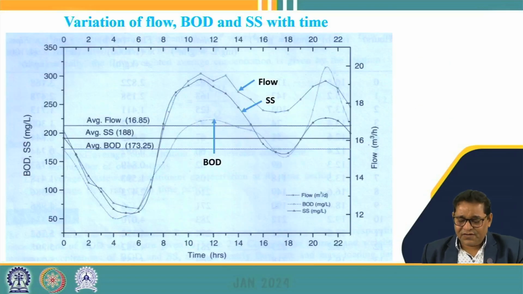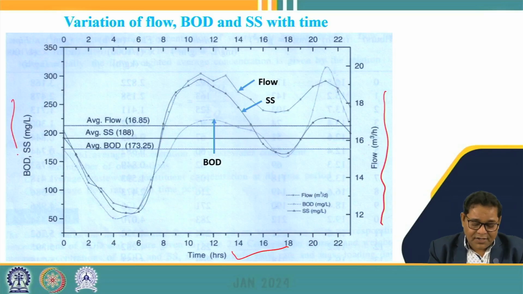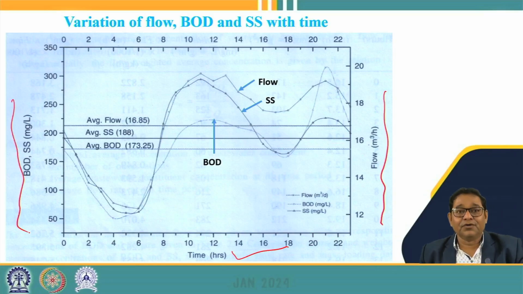Now this is the graph which plots the flow rate, BOD, COD with respect to time. Time is plotted on the x-axis, whereas on the y1 and y2 axes the BOD, COD, suspended solids, and flow rates are plotted.